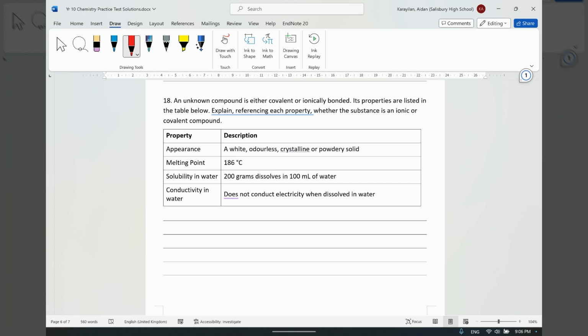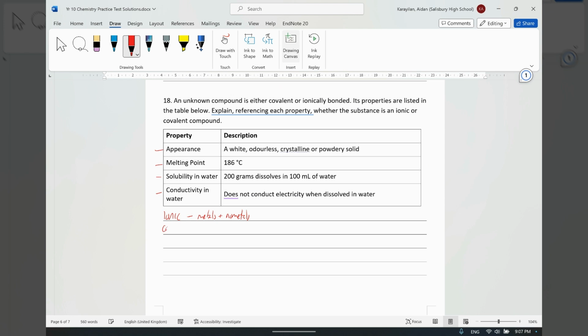Now it says explain, referencing each property, so that would be each one of these, whether the substance is an ionic or covalent compound. Now, this was something we didn't spend heaps of time on, but we did look through the periodic table, the interactive one online, and we made up some substances and we made some ionic ones and some covalent ones. Remember, to make ionic, we need metals and non-metals.